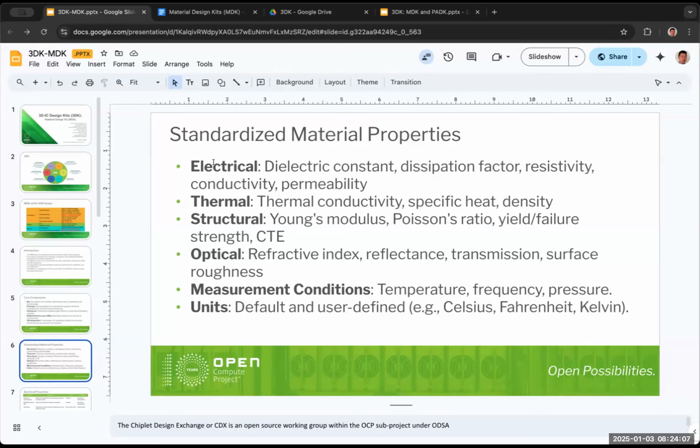And then you have thermal. That's another big important part, where it depends on the material that you use. And then you have structure. So the Young's modulus, the Poisson's ratio, CTE, they all have impact on how strong it is, and the stress and strain in different environments, which is very important.